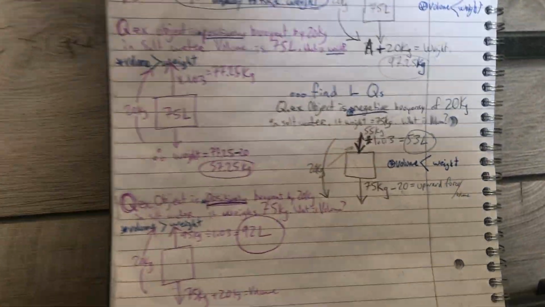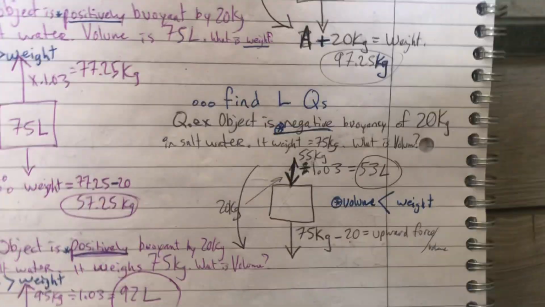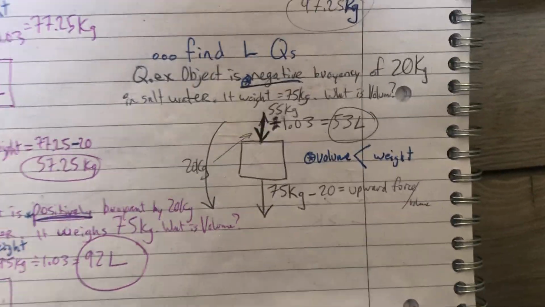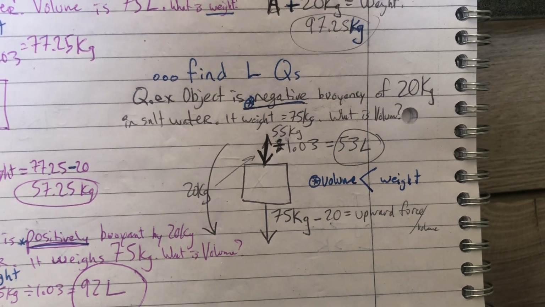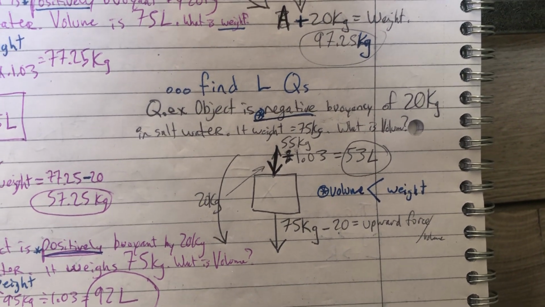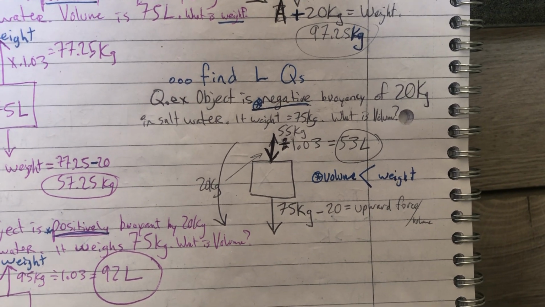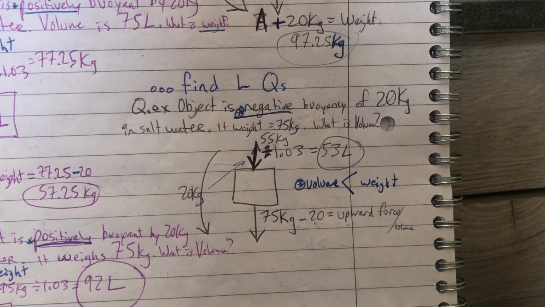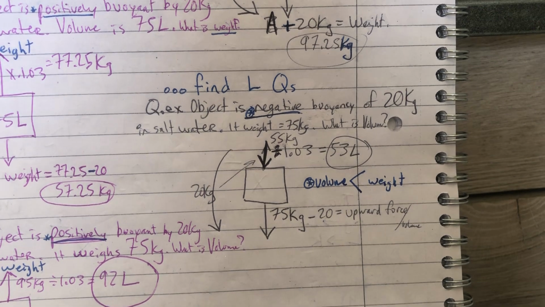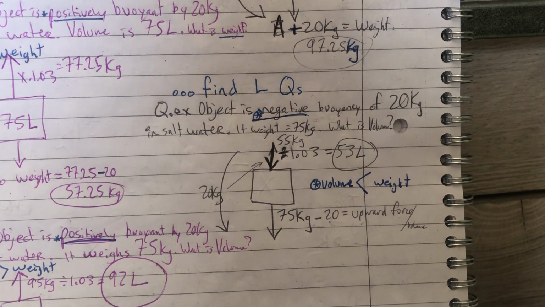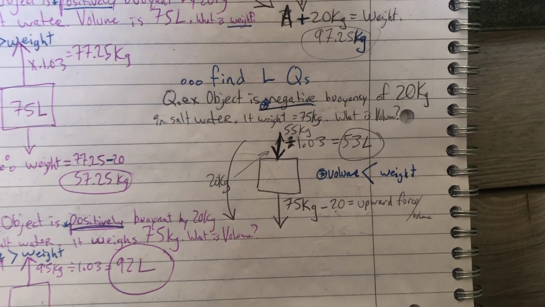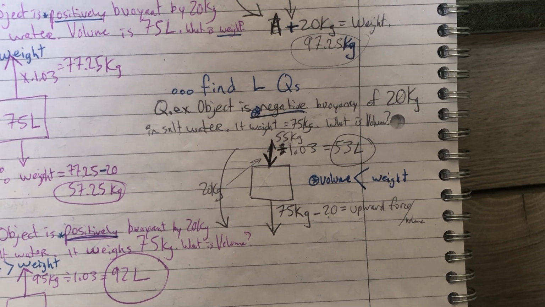Now, let's reverse that. We have a question trying to find the volume, or the liters. The object is negatively buoyant by 20 kilograms in salt water, and it weighs 75 kilograms. So now what is the volume?